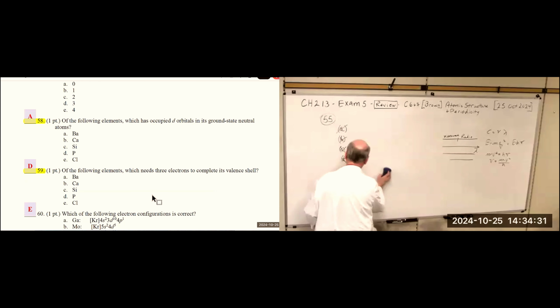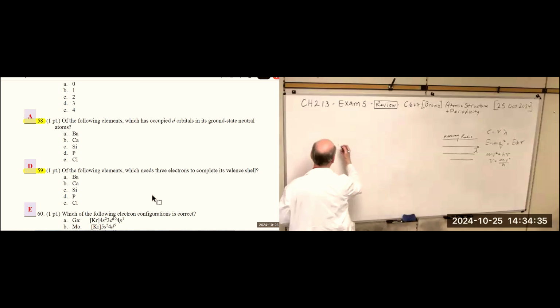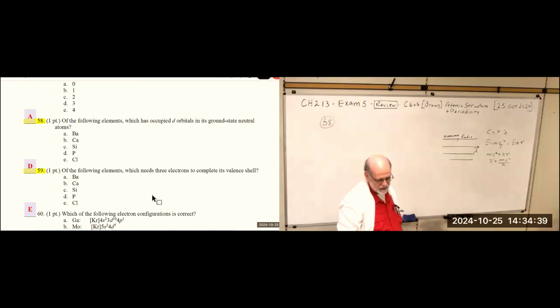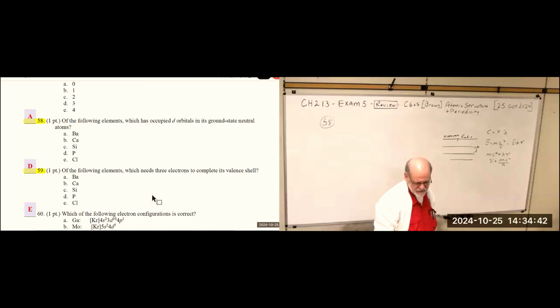58. Of the following elements, which has occupied d orbitals in its ground state neutral atom?